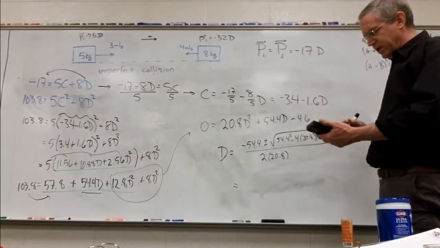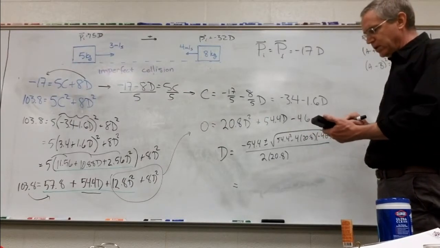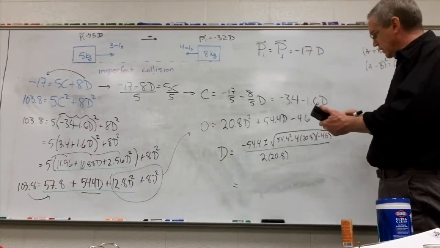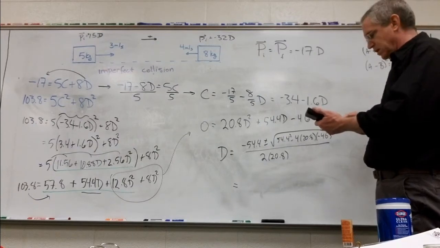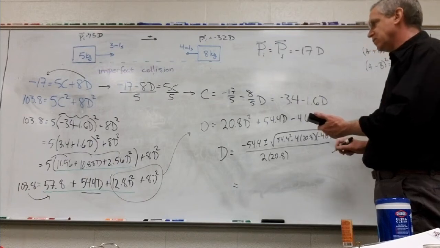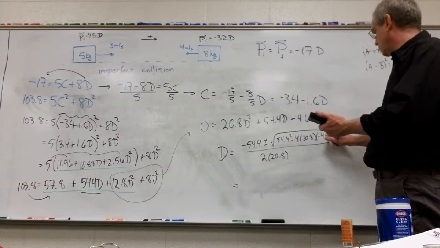go through my discriminant here, 54.4 squared, and then I have 4 times 20.8, and then 46, that is a 46, let's just double check that 46.